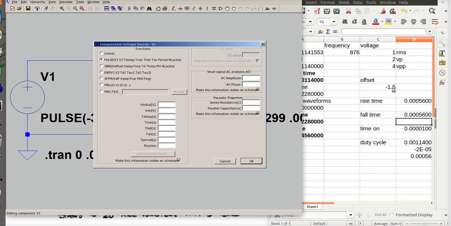So when it's on, it's going to be 2 volts above that. So my on voltage will be 0.5. My initial voltage will be minus 1.5 plus and 2 below that, so minus 3.5.